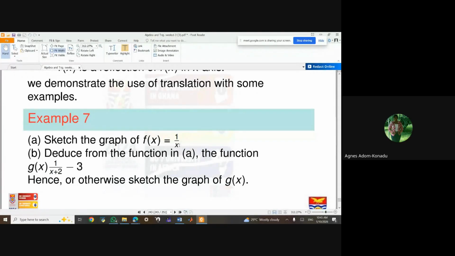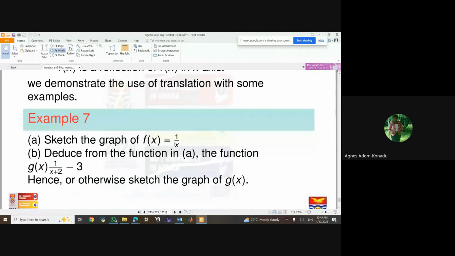So the line x equal to 0 is my vertical asymptote. That is the y-axis. What about my horizontal asymptote? y equals 0. So y equal to 0, the x-axis, is my horizontal asymptote.